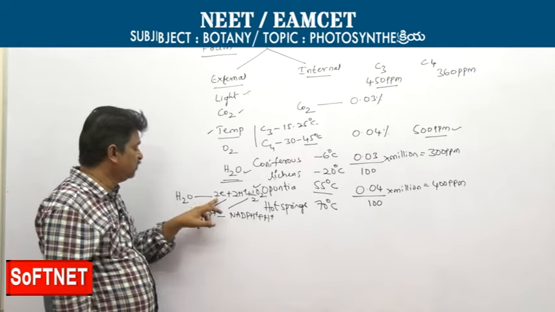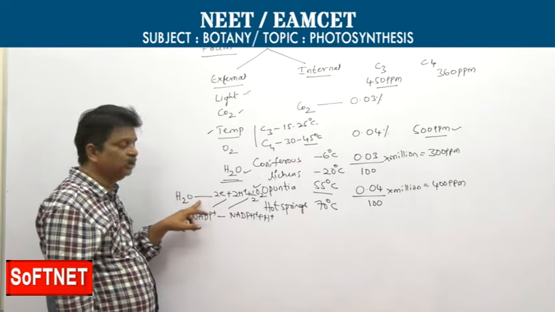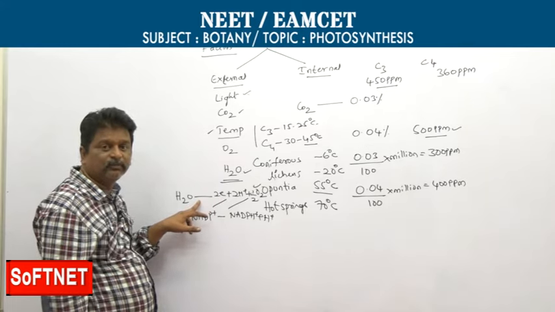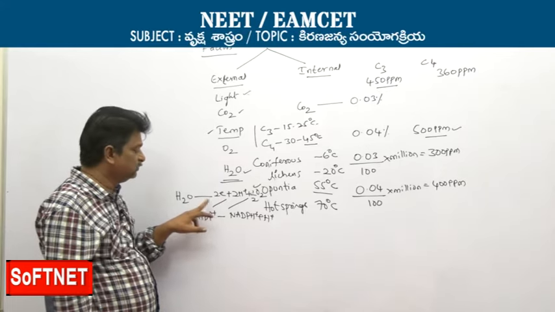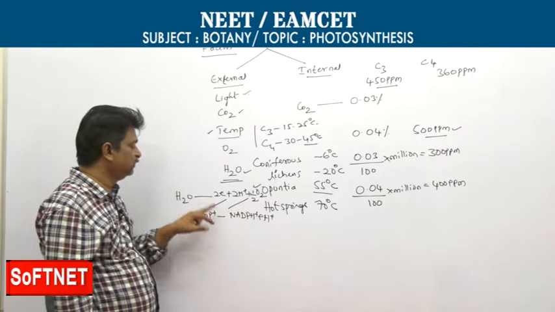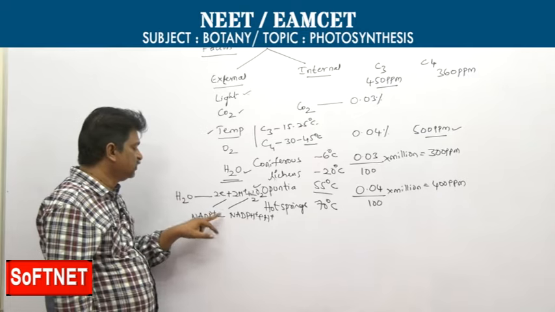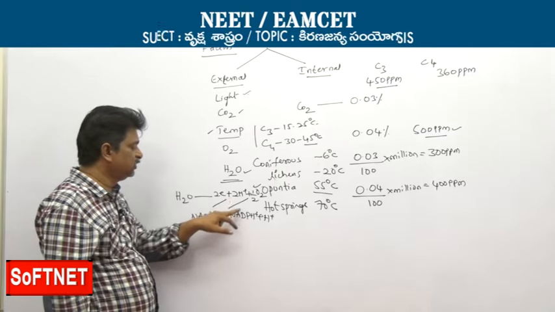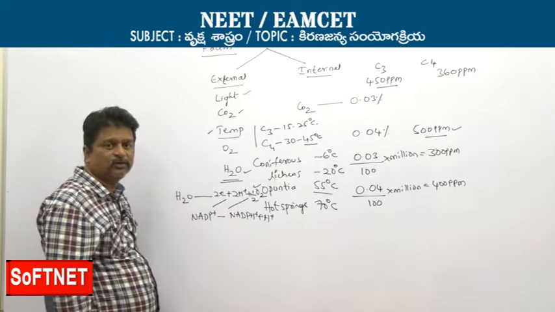That potassium ferric oxalate is called Hill oxidant, and the natural proton acceptor is NADP. So, water is essential for photosynthesis because it acts as electron donor.